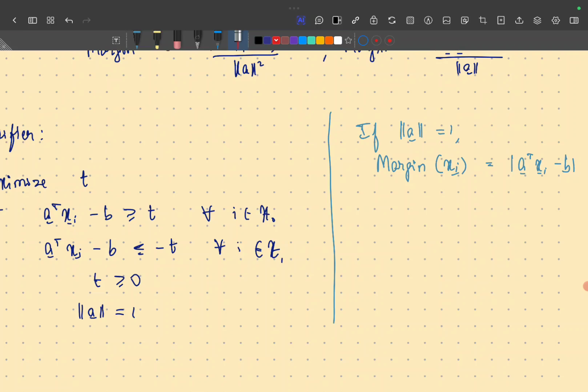I have this additional constraint. So for all i in x0, I also want A transpose xi to be greater than or equal to b, which means that A transpose xi minus b is greater than or equal to 0.